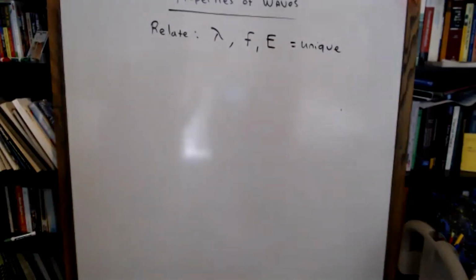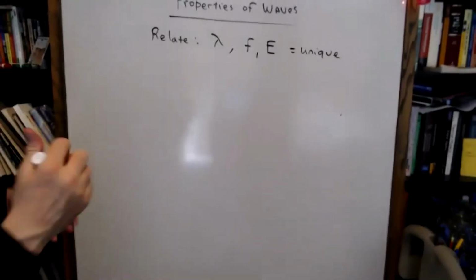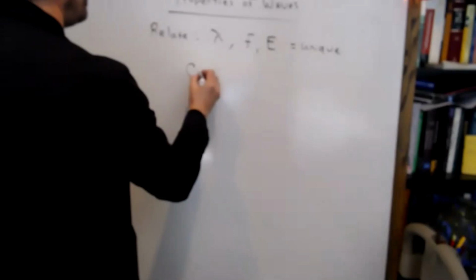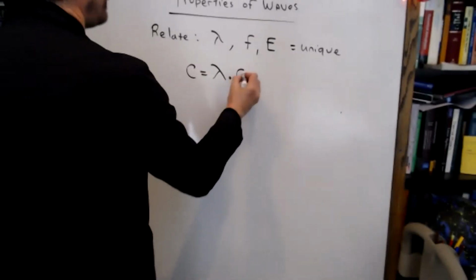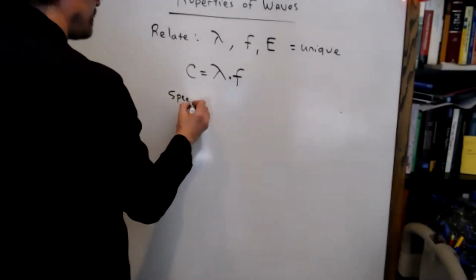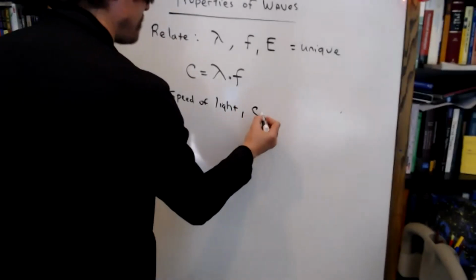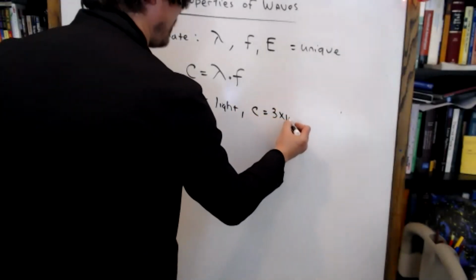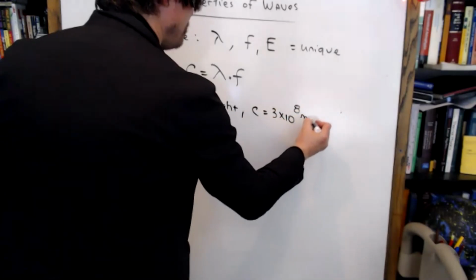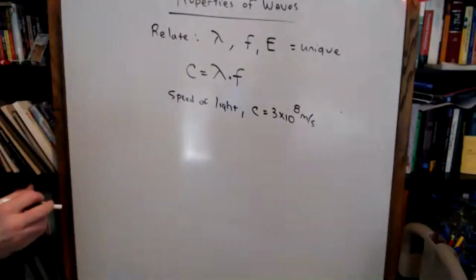That's because they're connected to each other by these formulas or by these concepts. The speed of light is the wavelength times frequency, a formula that we used in our office hours today, where c is the speed of light in a vacuum, 3 times 10 to the 8 meters per second. That's a constant of nature.